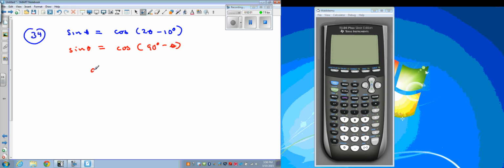So 90 minus theta has to equal 2 theta minus 10. If we move the theta over there and that over there, it's 100 equals 3 theta. So theta is going to equal 33 1/3.